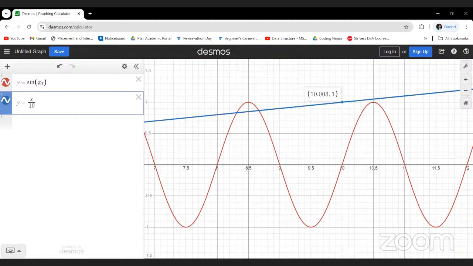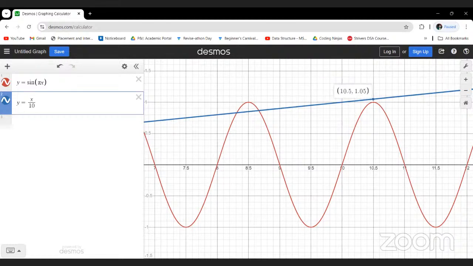If I move even a little bit further on the right, my value will grow more than 1. And if my value grows more than 1, it cannot intersect my sine of pi x curve.